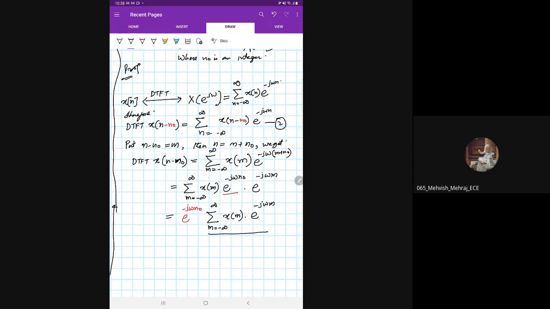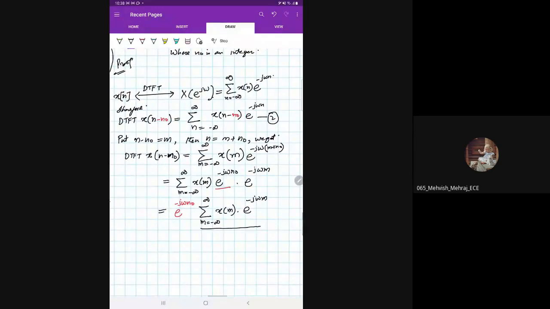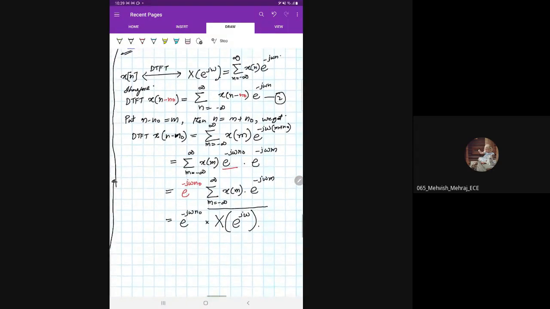That is all equal to x of e raised to power j omega, because it now resembles the general equation. So we will be having e raised to power j omega n naught into x of e to the power j omega. Okay, so what is this equal to?